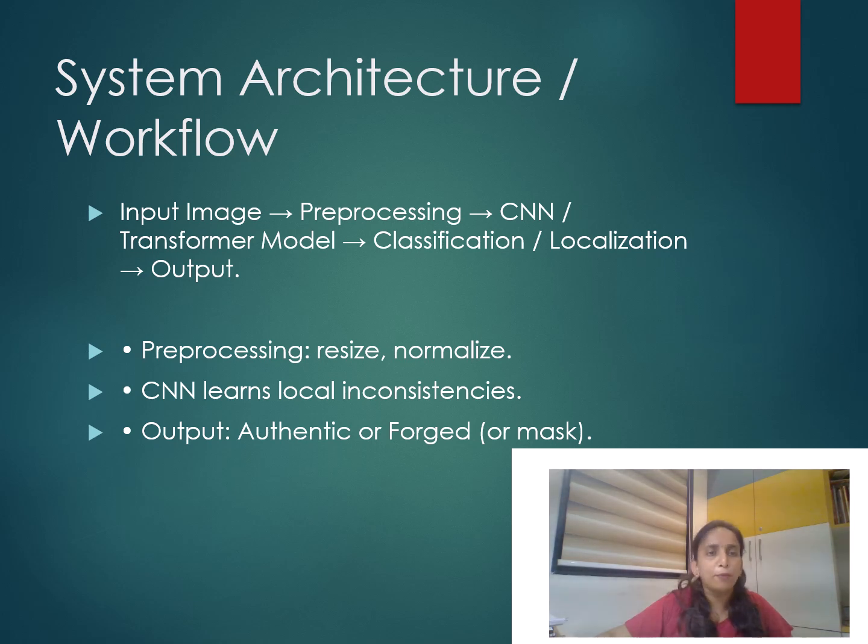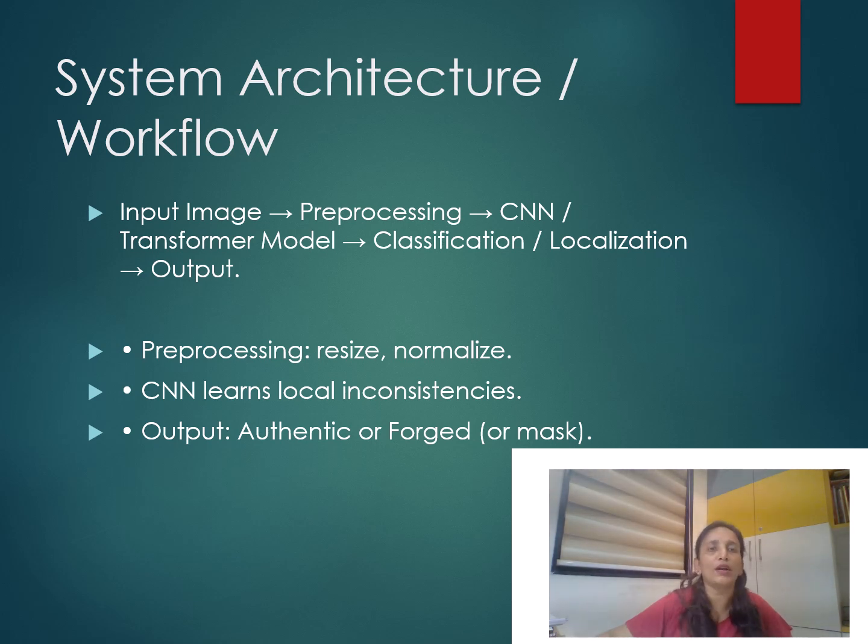So this is what our model usually does. When we input an image that needs to be checked, it might be genuine or tampered. The goal is to find whether it's real or fake, whether manipulation has happened. Before you give it to the model, you need to do pre-processing. Before feeding the image into the model, we have to prepare it.